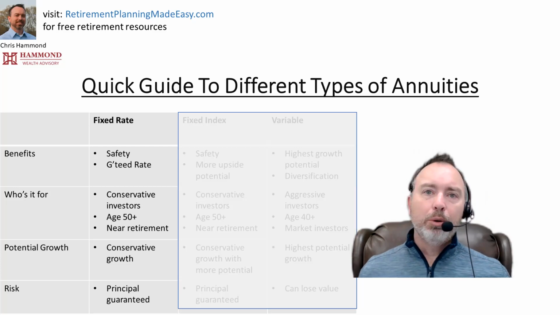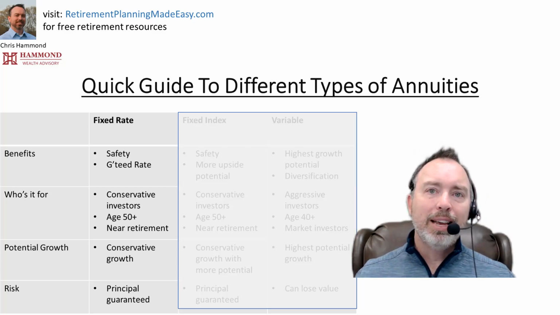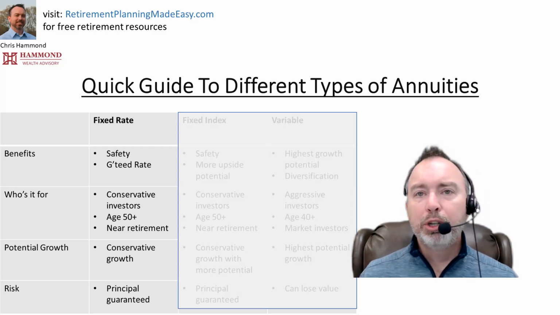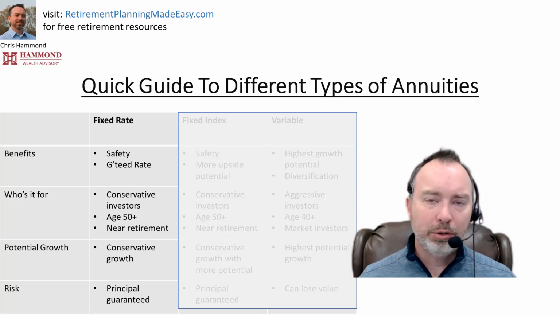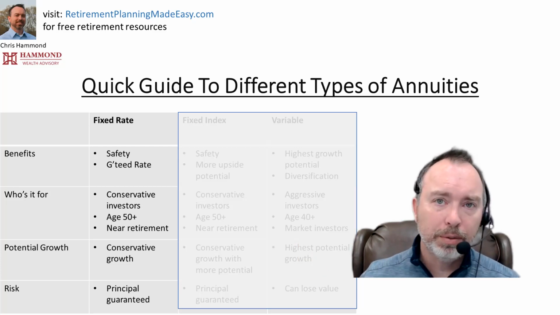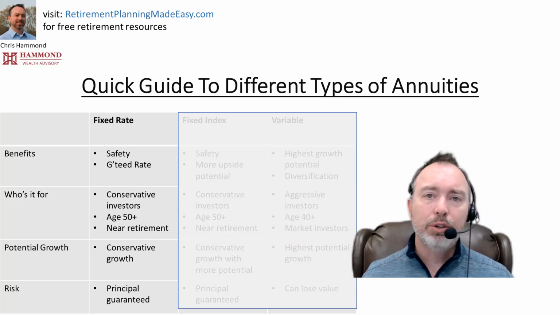With annuities, it's a little bit different. As long as the funds stay inside the annuity, they get the benefit of tax deferral. So you may earn interest on that annuity for the year, but you don't have to pay the tax and claim that interest as income until you actually pull it out of the annuity. And that may be years down the road before you decide to do that.